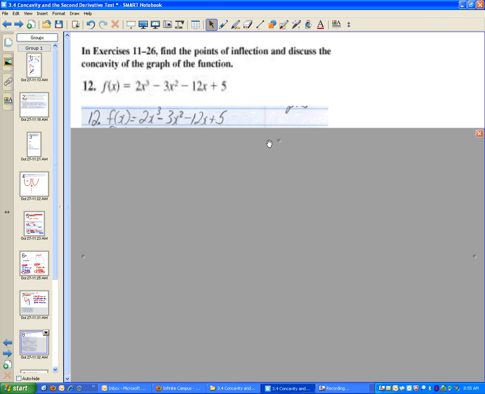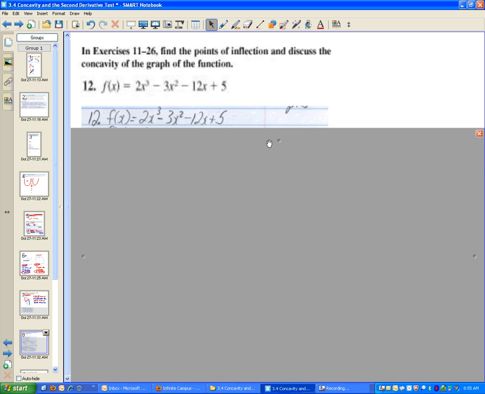Where can the concavity change? When f double prime equals 0 or does not exist. Okay? So when they ask you to find points of inflection, they're asking you, where does the concavity change? Because concavity changes at a point of inflection.